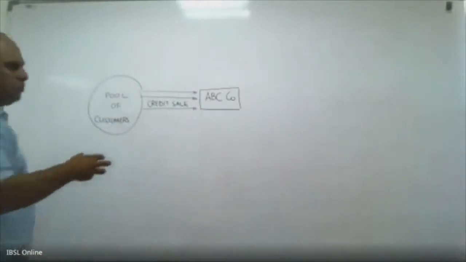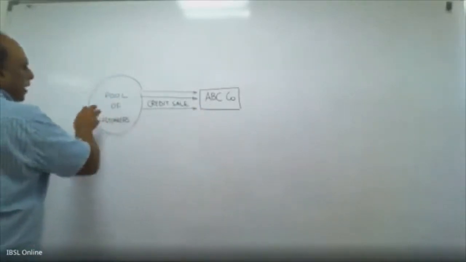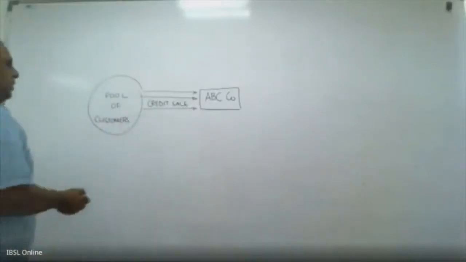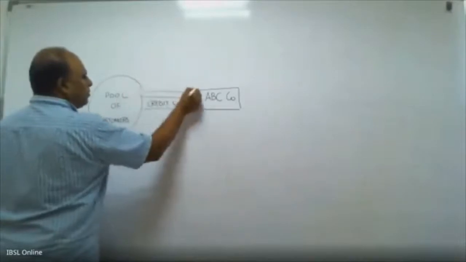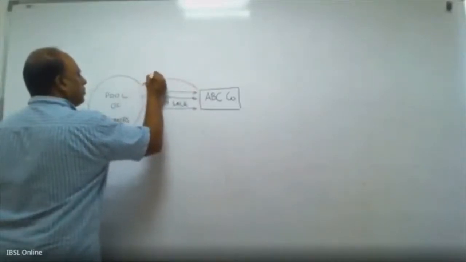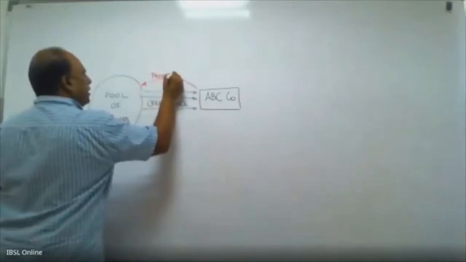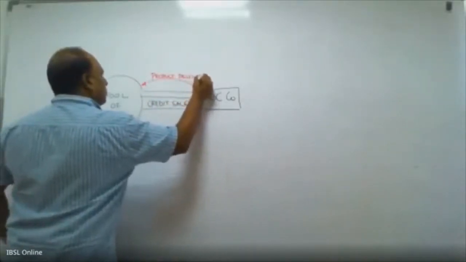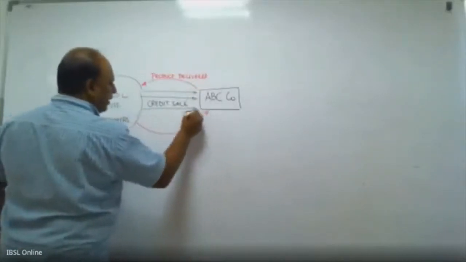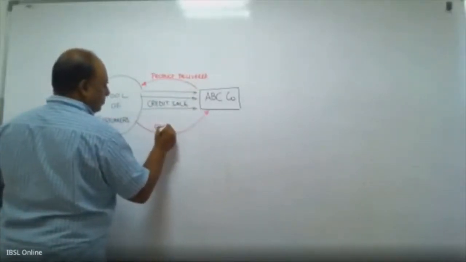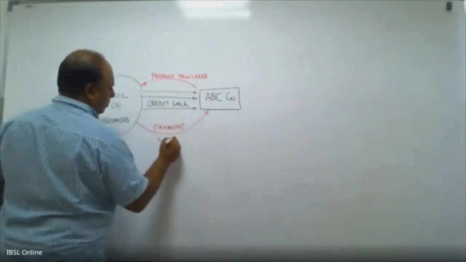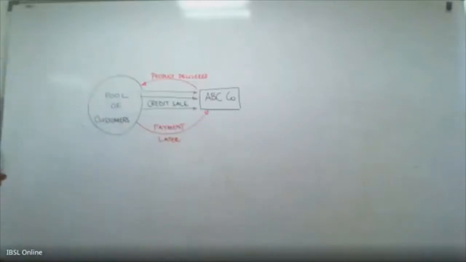You are the one who is selling the product, and it is happening through a credit sale. So what does it mean? The product is sold today. The product is delivered, and the payment is later. Payment is taking place later.